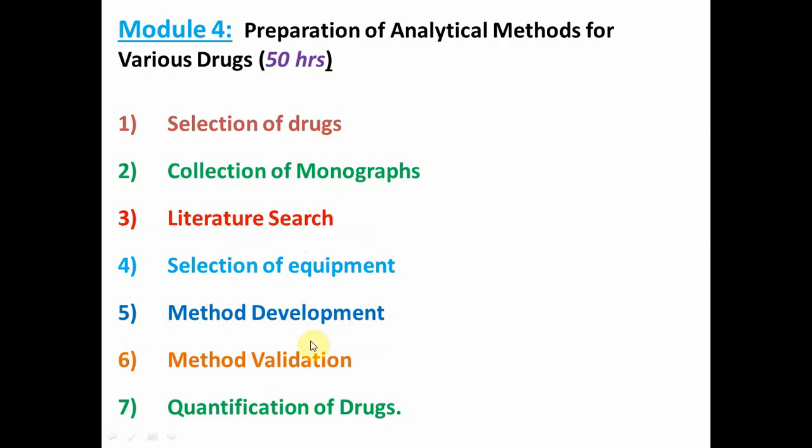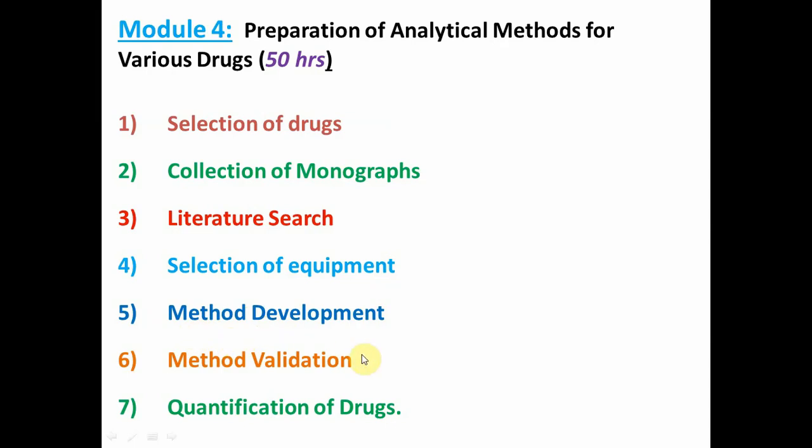If you are going to develop the analytical method, even if you are interested in HPLC, there also you have to go for UV spectra. From UV spectra, you will get the wavelength. From that wavelength, you will carry out all the scanning and the assay.